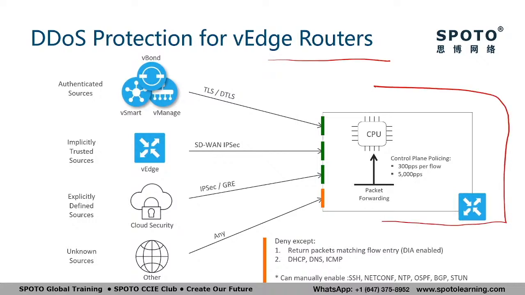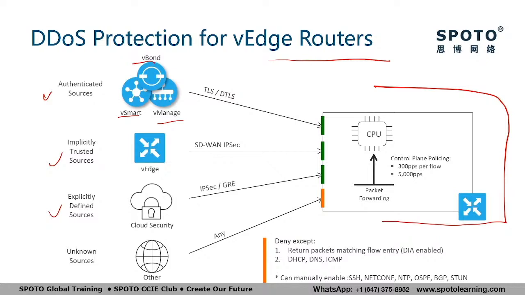By default, it only allows 3 sources to communicate to this vEdge router. 1, 2, 3. The first one is the authenticated source. For example, the vBond, vSmart, vManage, right?